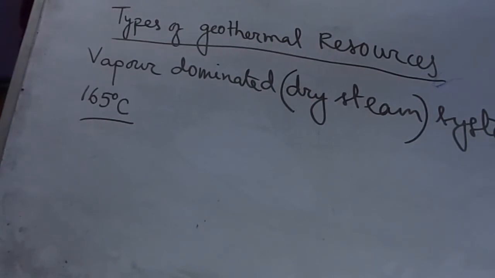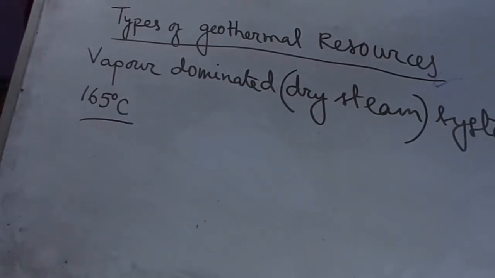The most important known dry steam fields are the Geysers region in California, which may be the largest. The dry steam field at Larderello is especially ideal because its wells produce virtually pure steam with no water.